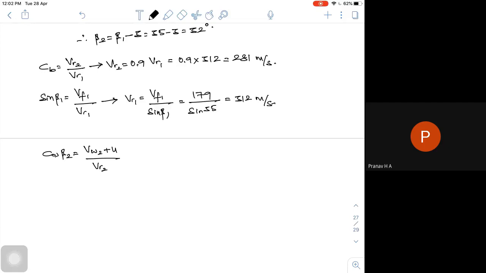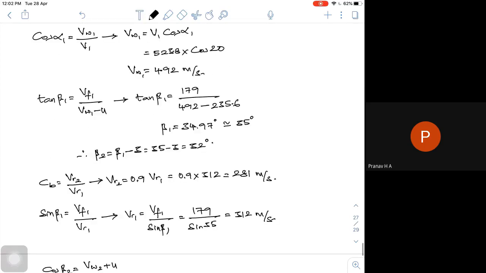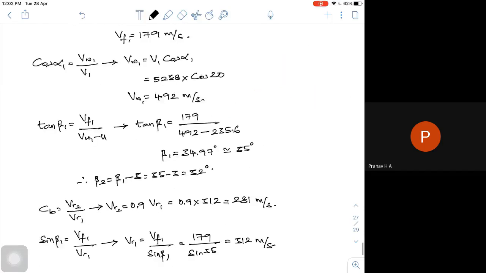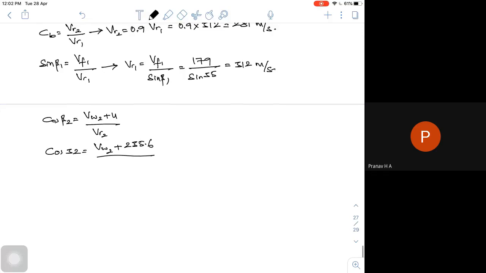So cos beta 2. Beta 2 is how much? Beta 2 is 32 degrees. So cos 32 degrees is equal to (VW2 plus u) divided by VR2, and u is what we have calculated, 235.6, divided by 281.